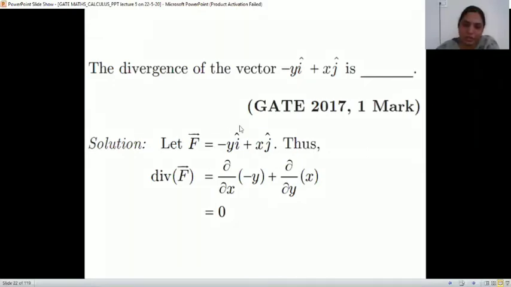So it is just dou by dou x of minus y plus dou by dou y of x. And the partial derivative of y with respect to x is 0 and the partial derivative of x with respect to y is 0. So your answer is 0.